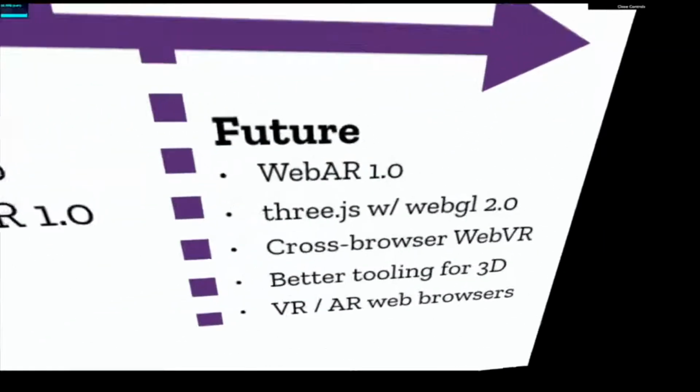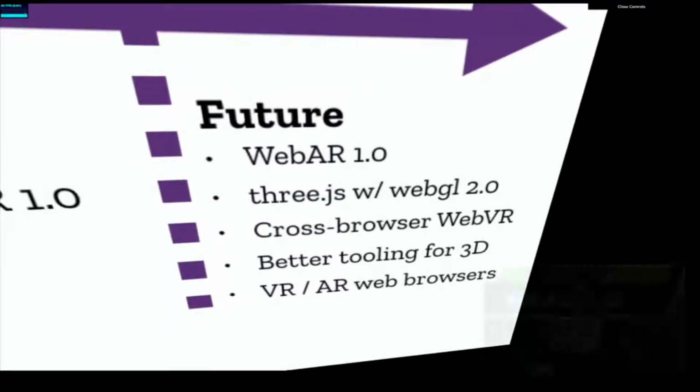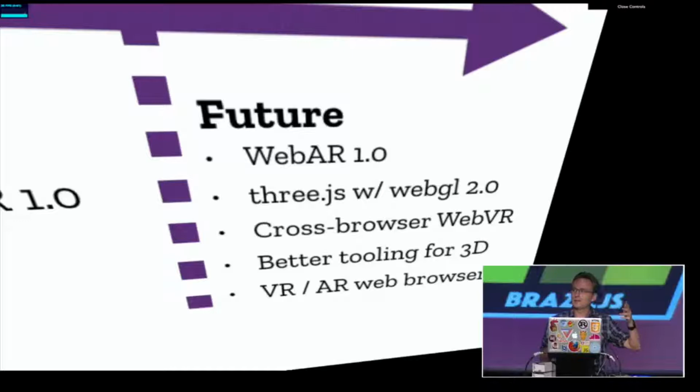So if we look at the future, this is my opinion of what's going to happen. Following the existing timeline, we can see that WebAR 1.0 will probably be done soon enough, which is exciting. Three.js and other libraries will hopefully support WebGL 2.0.